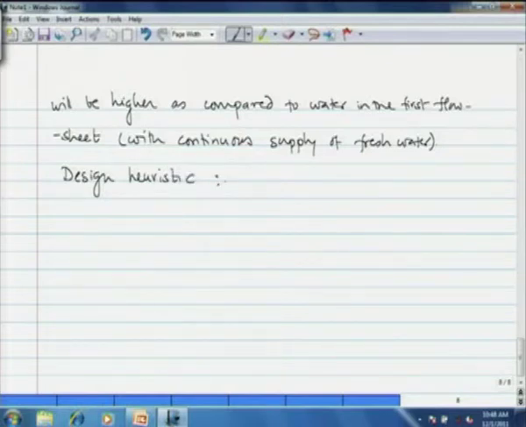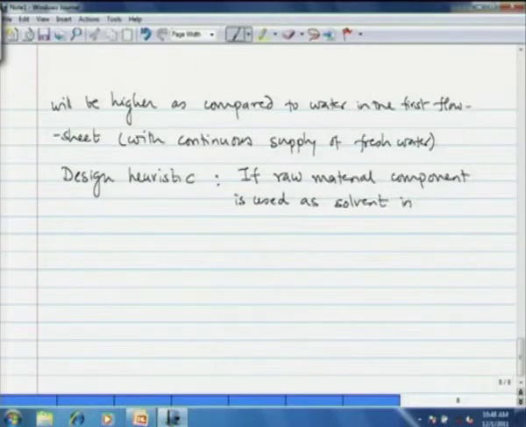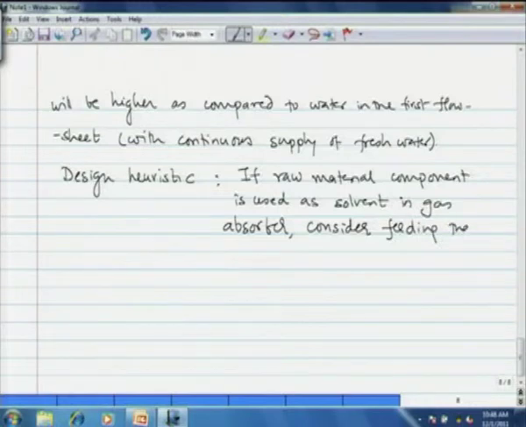It is that if the raw material component used is a solvent for the absorber, consider feeding the process through absorber.